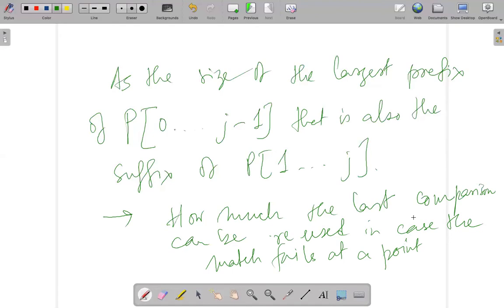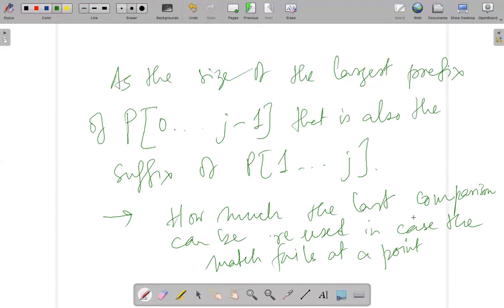If there is a failure at a point, you backtrack to the position till which you are sure that the prefix was matching, and then you start recomputing. This allows you to avoid backtracking on the main string.